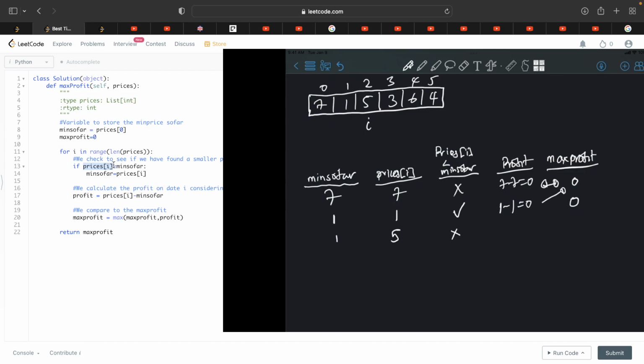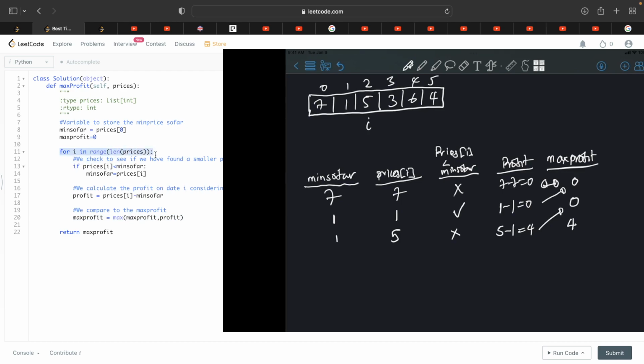So prices minus min so far will be 5 minus 1, which gives us 4. Then we come to max profit. Is max profit larger than profit? No, as you can see here. So our max profit becomes 4. We come back here in the code.